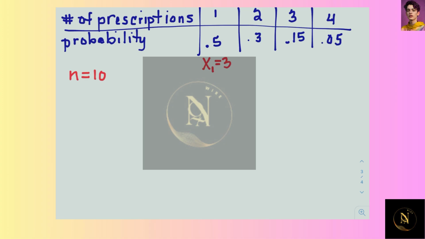We are looking for the probability that 3 people will also fill 2 prescriptions. We're going to call that X2. And 2 people will fill 3 prescriptions. We're going to call that X sub 3. And 2 will have 4 prescriptions filled. So we're going to call that X sub 4.